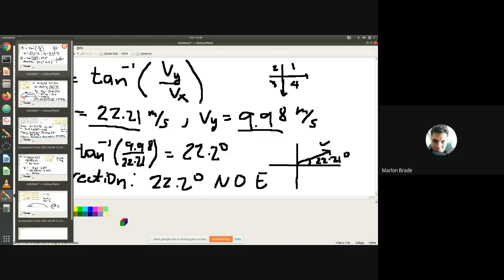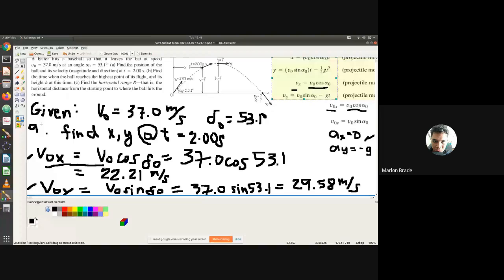Next is, find the time when the ball reaches the highest point. What is the time when the ball reaches the highest point?